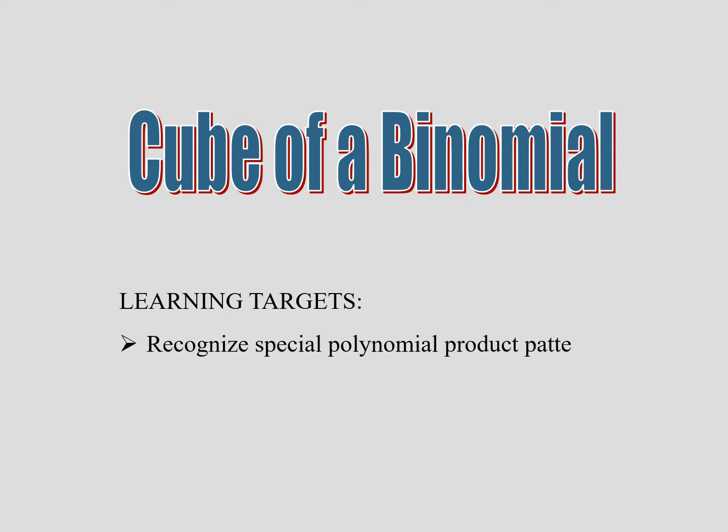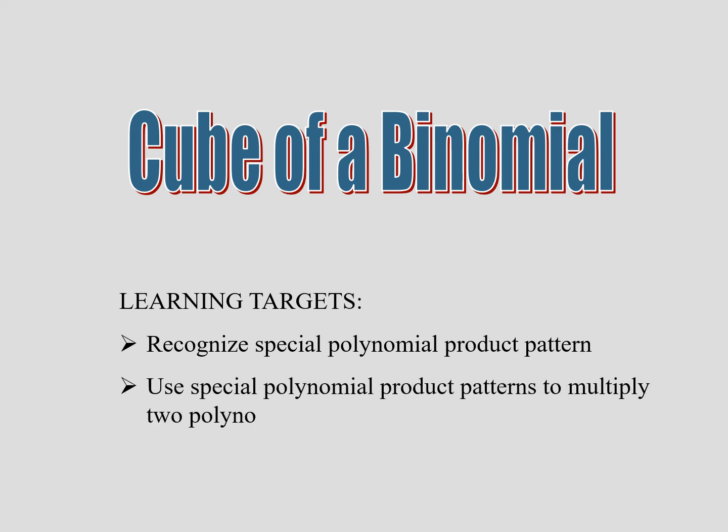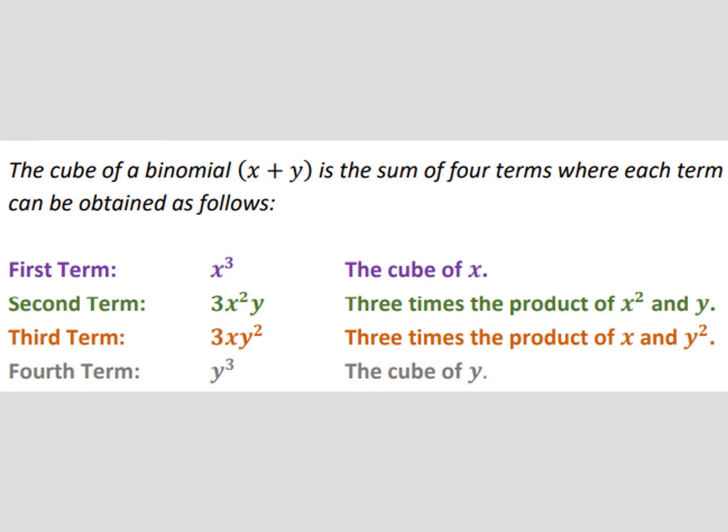Now, let's have cube of a binomial. The cube of a binomial, say for example, the quantity of x plus y, is the sum of four terms where each term can be obtained as follows. The first term of the product is the cube of the first term of the given.